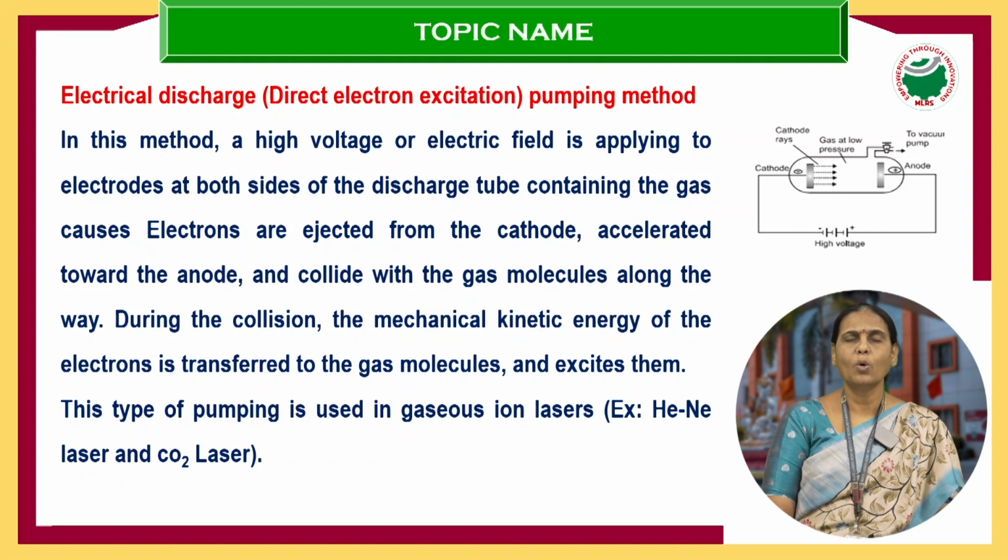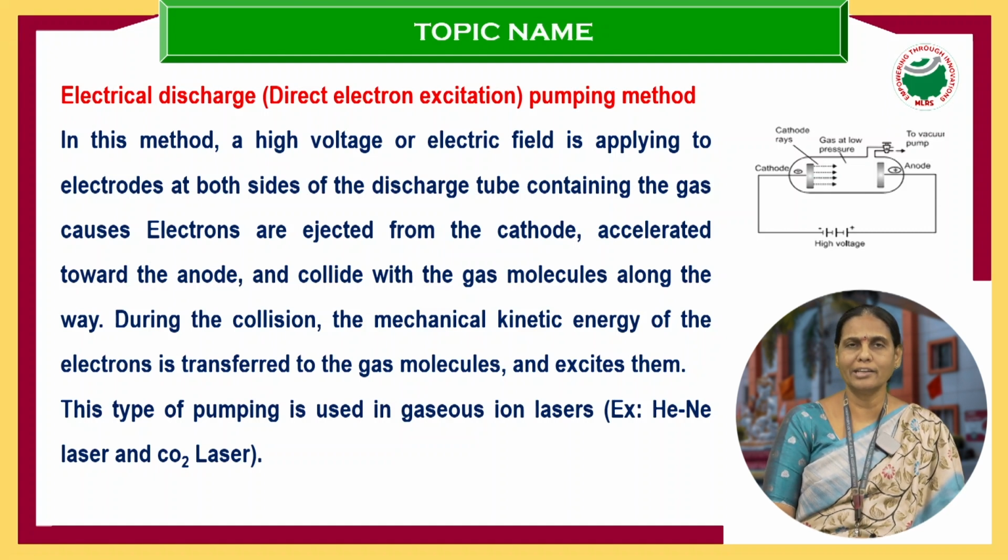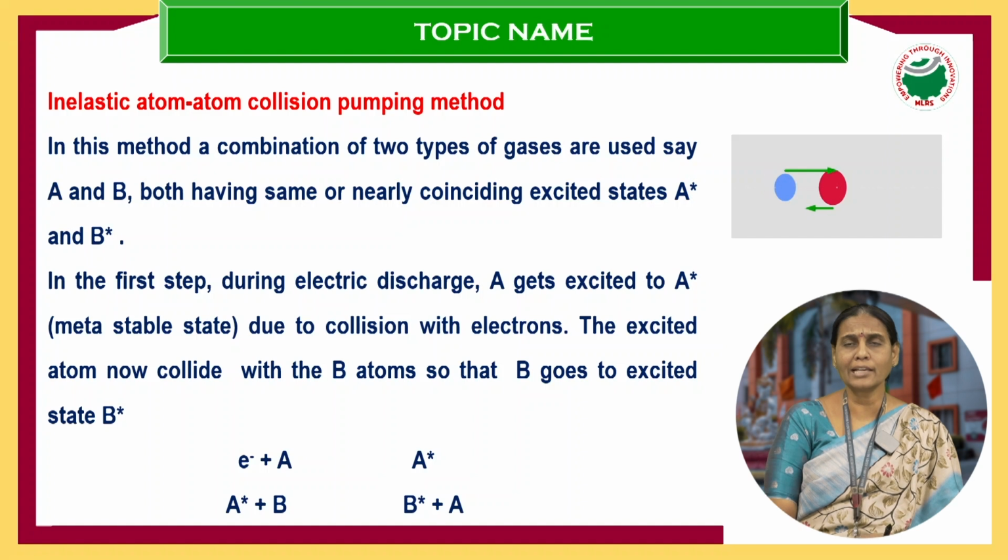Once the helium supplies energy to the neon atoms, they collide with each other, and in the collision an exchange of energy takes place, which excites the neon atoms to higher energy states. So this type of pumping is used only in gaseous lasers. The best examples in our syllabus are the carbon dioxide gas laser and the helium neon gas laser.